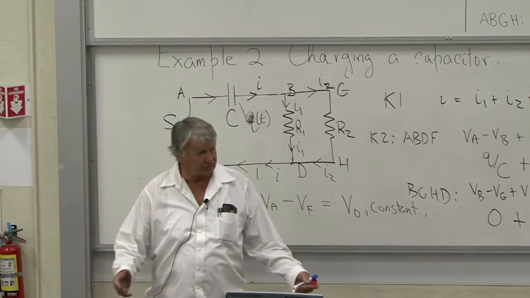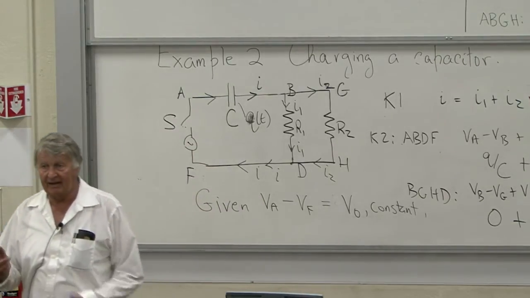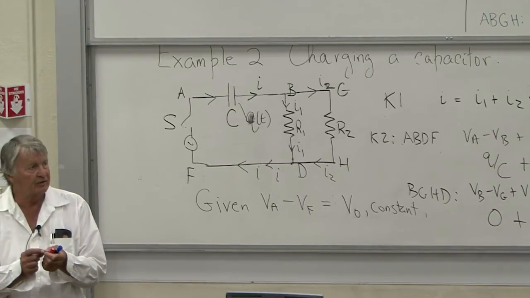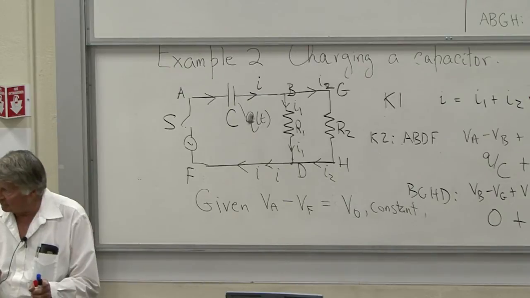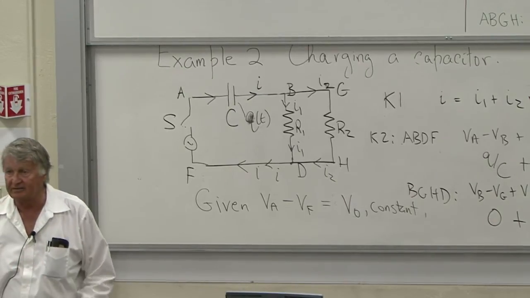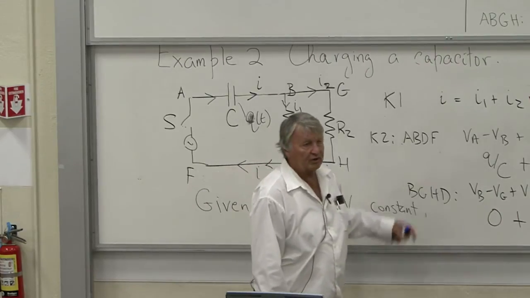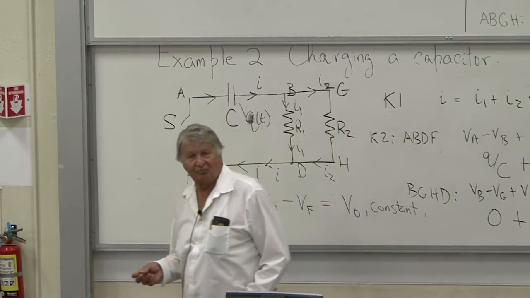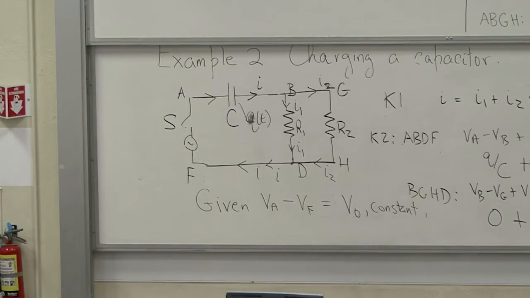But just writing down these very simple relations, that at any junction, any node, the current splits, the amount of current in is the sum of the currents out, and then Kirchhoff 2 is that around any closed circuit, the total set of voltage drops has to be 0.